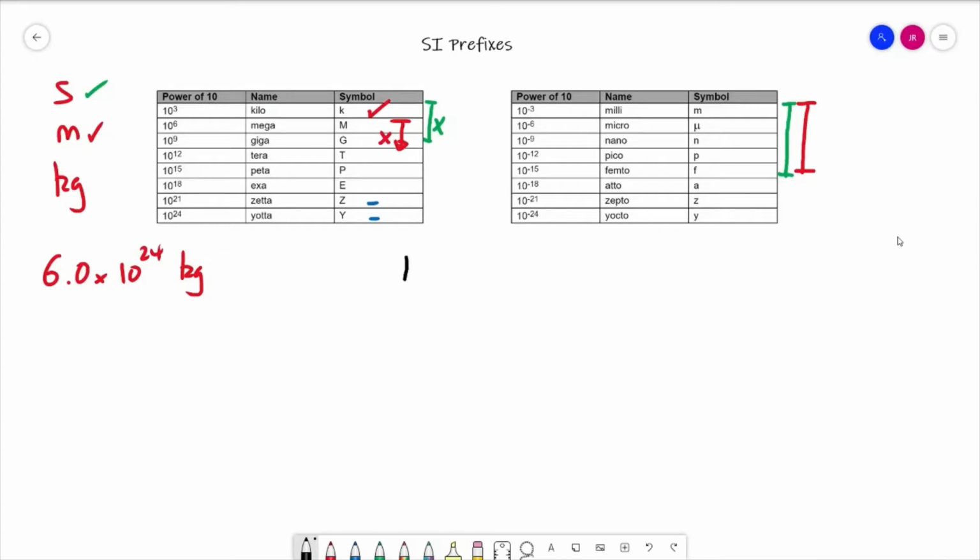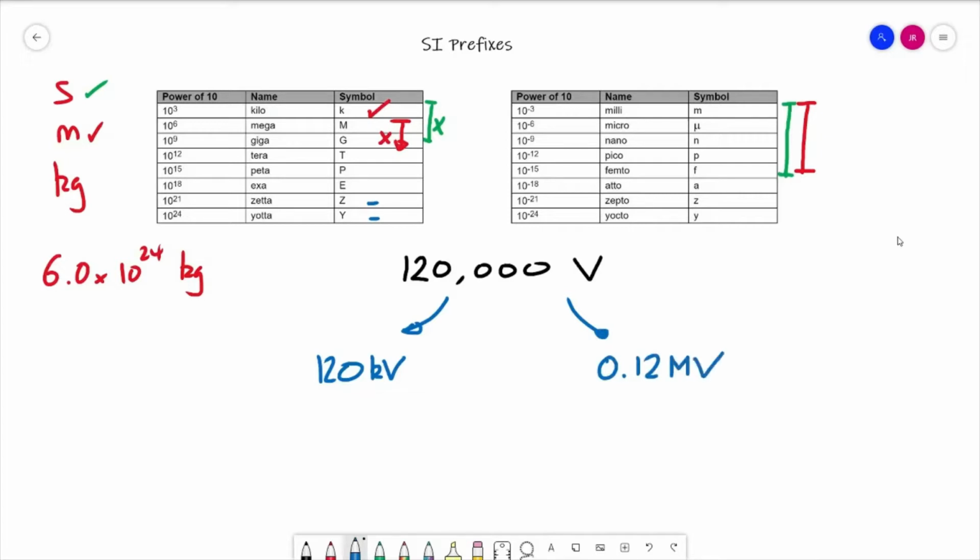Let's just imagine that we have some value which is 120,000. Let's choose a unit, let's have volts. Now, obviously, if we're going for SI prefixes, we've got a couple of different options here. We could obviously go for 120 kilovolts. I have seen some people try to say, well, that could be 0.12 megavolts.